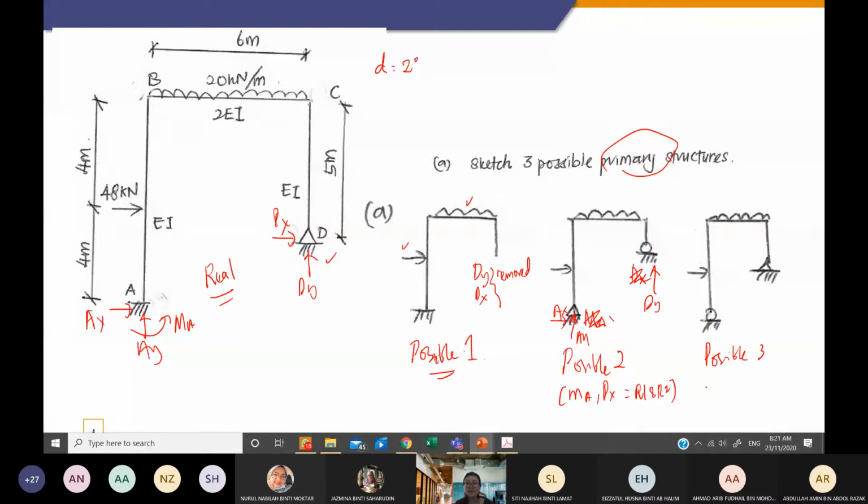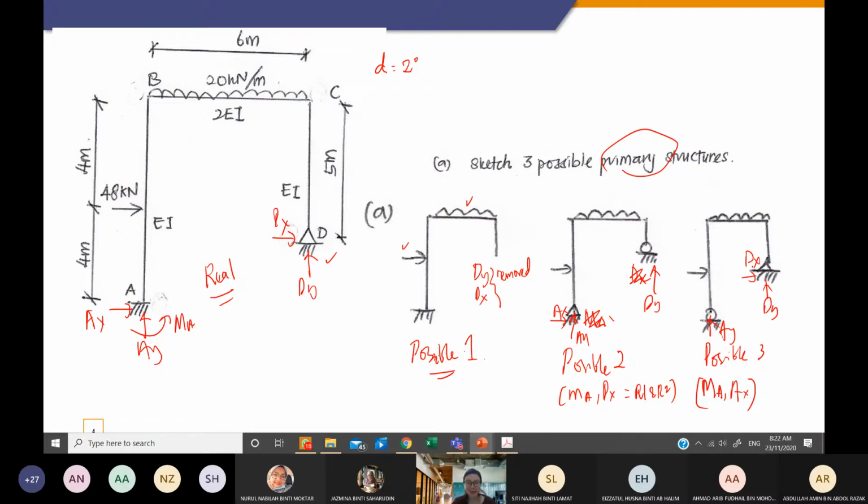What is being removed here? It is MA and AX that have been removed as the redundants. So what you have right now is AY, DY, and DX. It will be up to you to choose which one is more suitable and convenient for your calculation. But still read the instruction clearly.